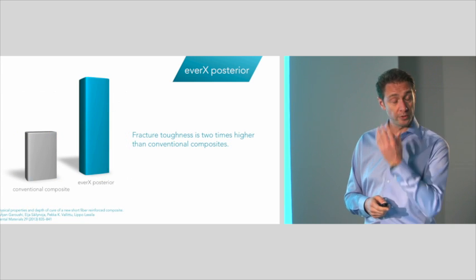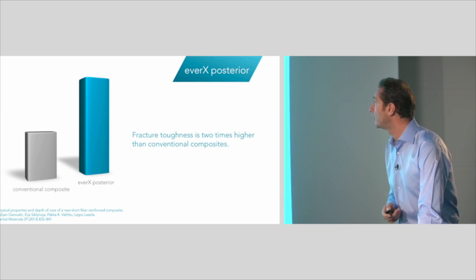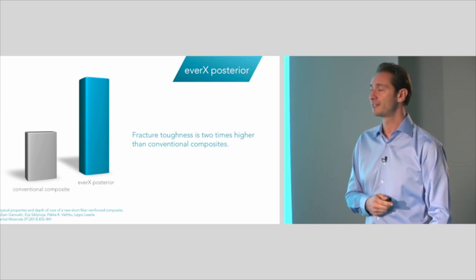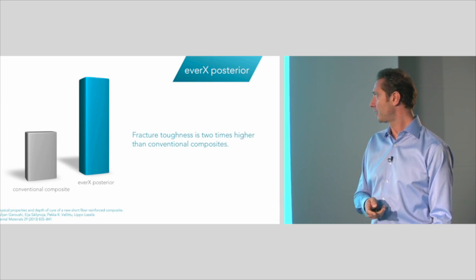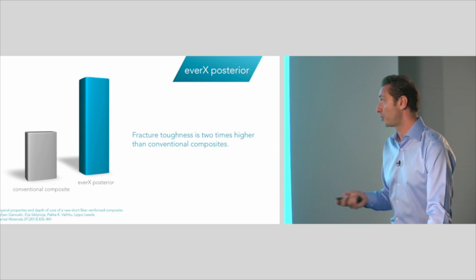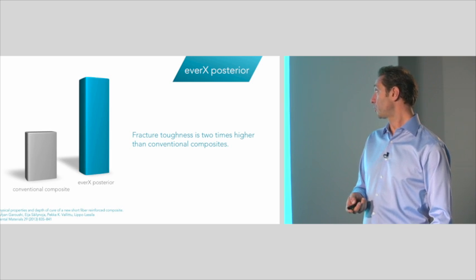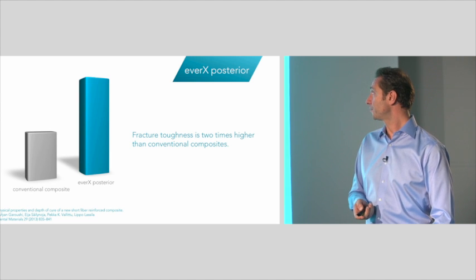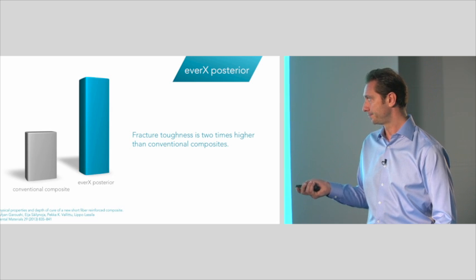Now, when we look at the other physical properties like fracture toughness, fracture toughness is another physical property which, for every X posterior, is twice as high as, or double, that of the conventional composite. Pretty obvious.